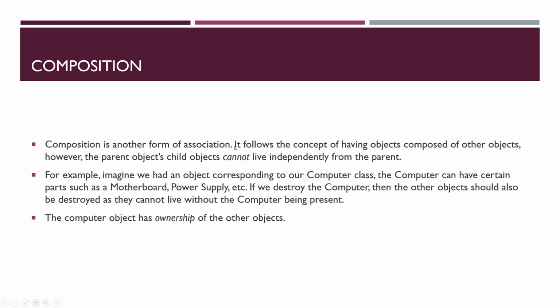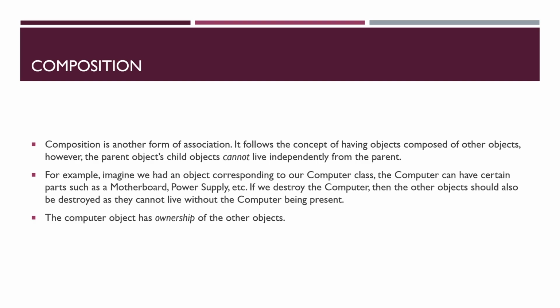So composition is another form of association. And again, it follows the concept of having objects composed of other objects. However, it's in the sense where objects depend on each other, right? The child objects cannot live independently from the parent. So let's say, for example, we take our computer class, and every single object that the computer has depends on the computer, the main object itself.